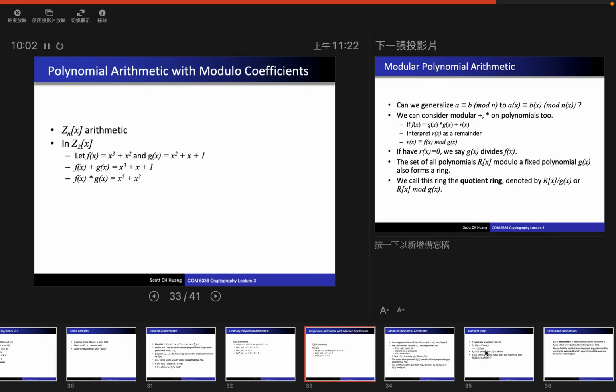This is the remainder. So we can write it this way: x to the 4th plus x squared plus 1 is congruent to x plus 1 mod g(x). This calculation is pretty much the same as integer calculations.